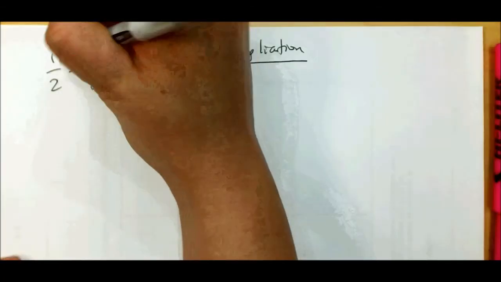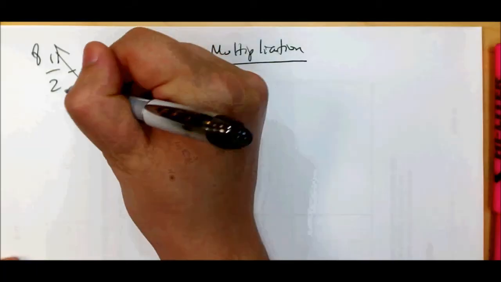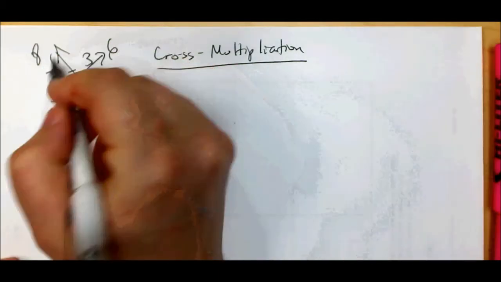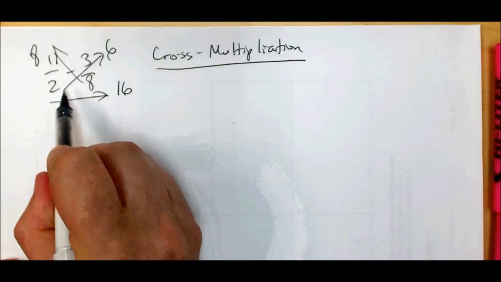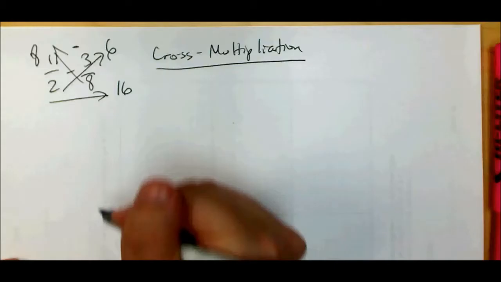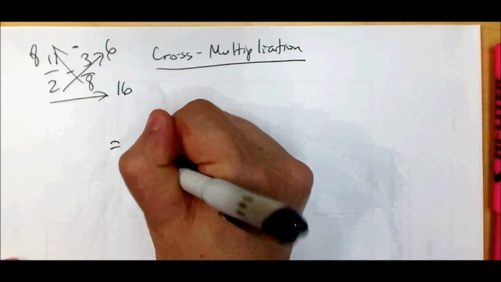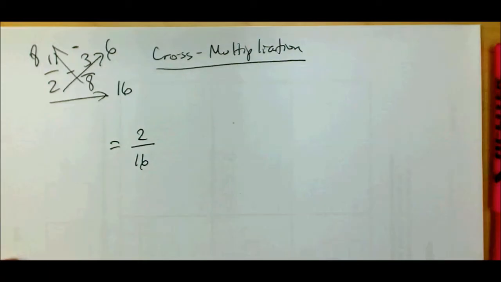So I multiply 8 times 1, and I get 8. And I multiply 2 times 3, and I get 6. And I multiply the two denominators, and I get 16. Now I'm subtracting, so I need to remember to subtract. Okay, so my denominator is 16. And then my numerator is going to be 8 minus 6, which is 2.